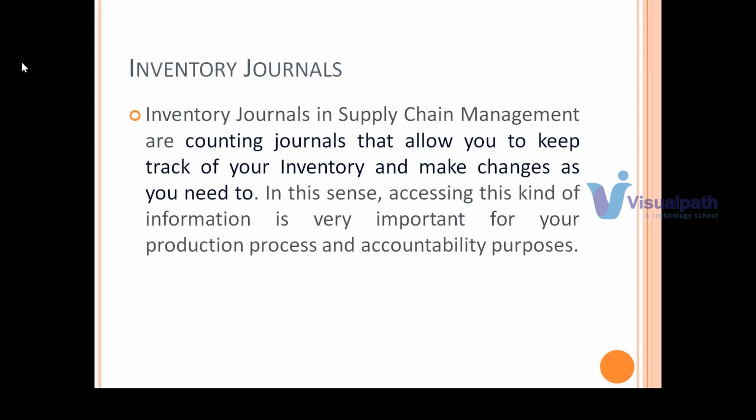So we have inventory journals where we have a counting journal and a transfer journal. The transfer journal is used to transfer the goods within the dimensions. And we have the item arrival journal, then the movement journal and adjustment journal. So these are the different kinds of inventory journals we have.